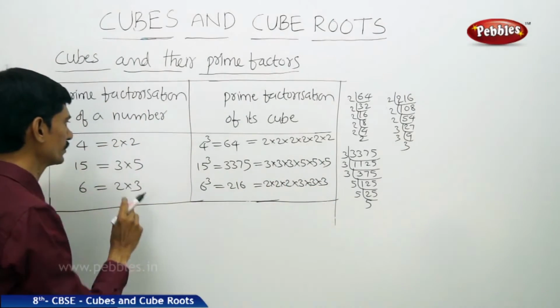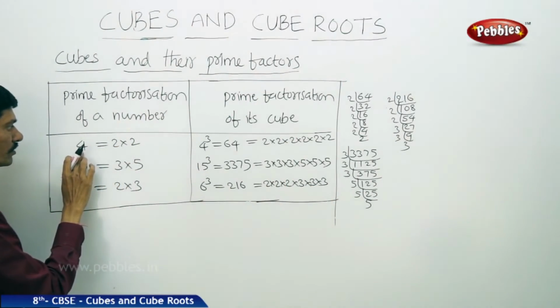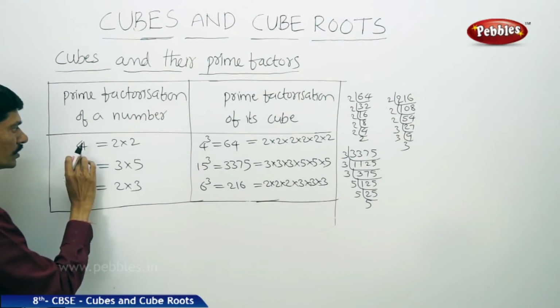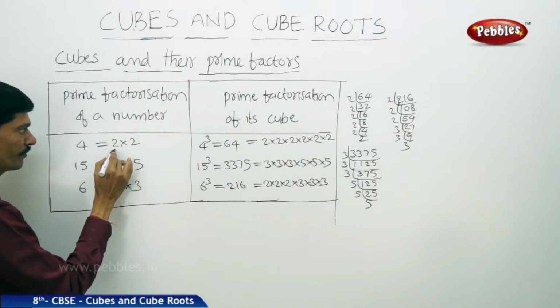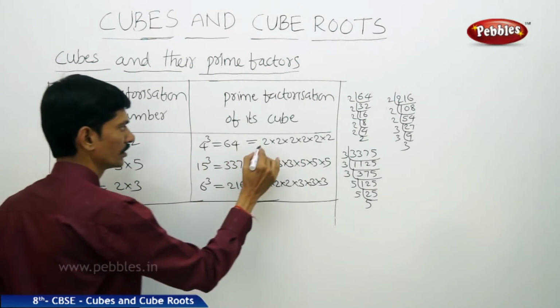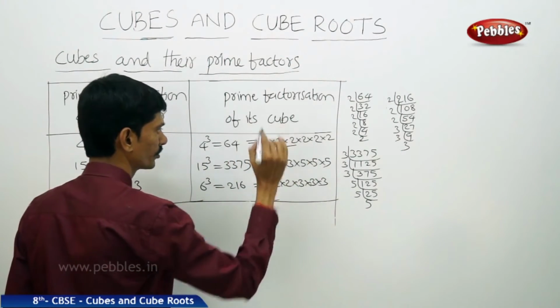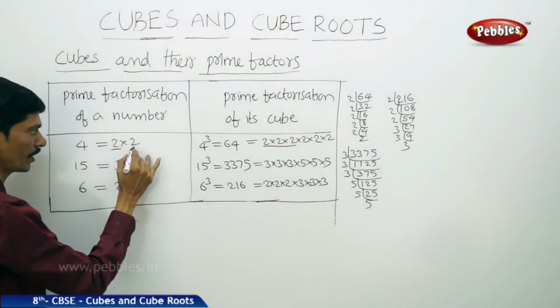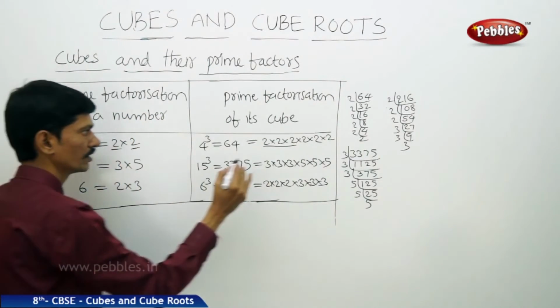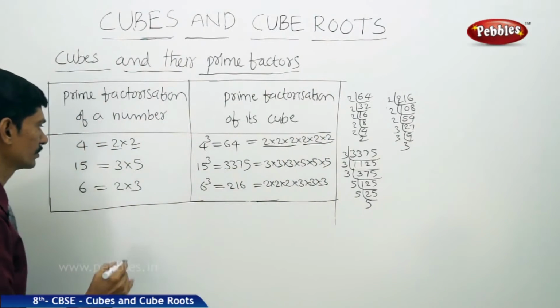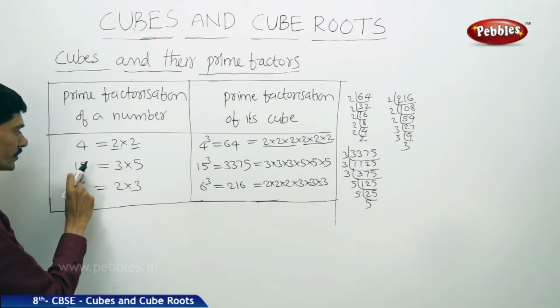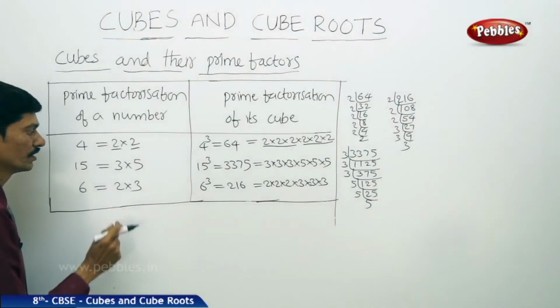Now see the first case. When the given number is 4, its prime factors are 2 and 2, then the first prime factor 2 appears 3 times in the cube and the second prime factor 2 also appears 3 times in its cube. Now the second case, the prime factorization of 15, that is 3 into 5.